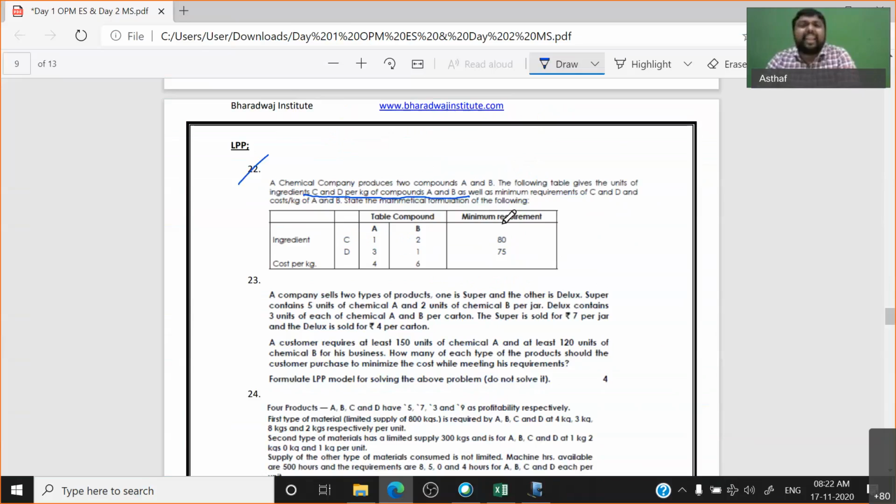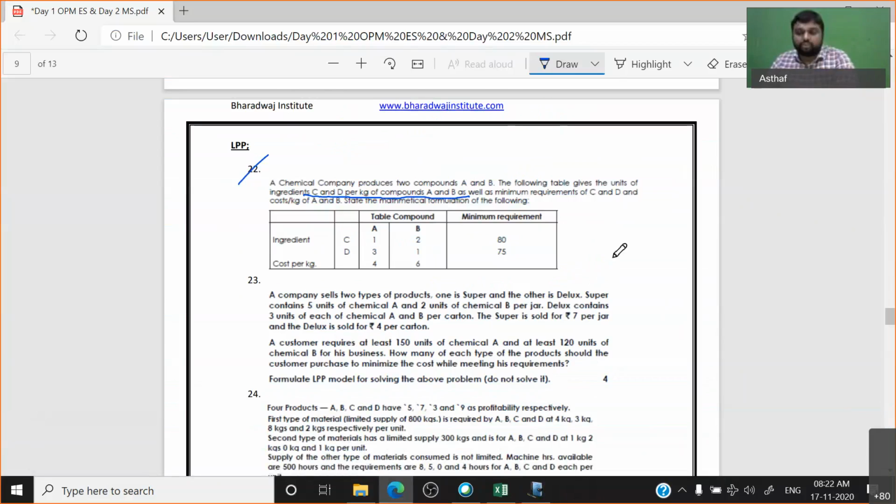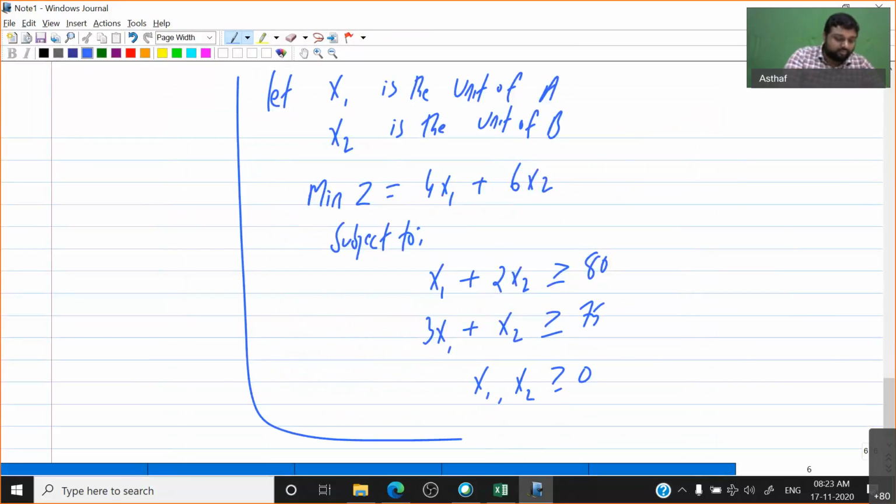Here they are telling minimum, that means you should use minimum, so you have to make it greater than or equal to 80. Next you have 3, so wherever the first component comes, we use x1 plus. Next is 1, which means simply x2. Here also minimum, which is 75. So only 2 constraints. And x1, x2 greater than or equal to 0.